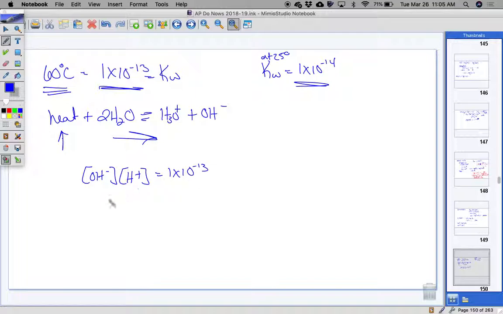So in this case, what are we going to end up with? 6.5, which is going to come out to be 3.2 times 10 to the negative 7th. Okay. So again, your concentrations are going to change if your Kw changes, but it works the same way. Not going to happen often.